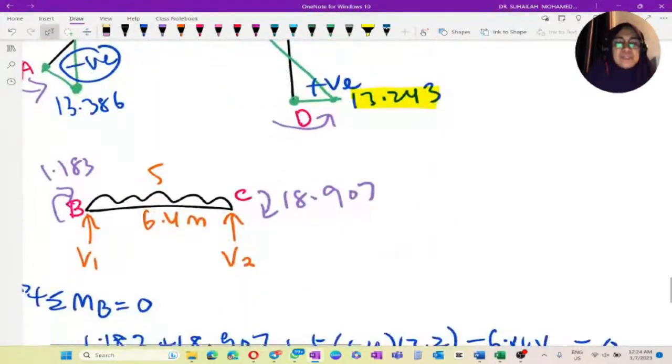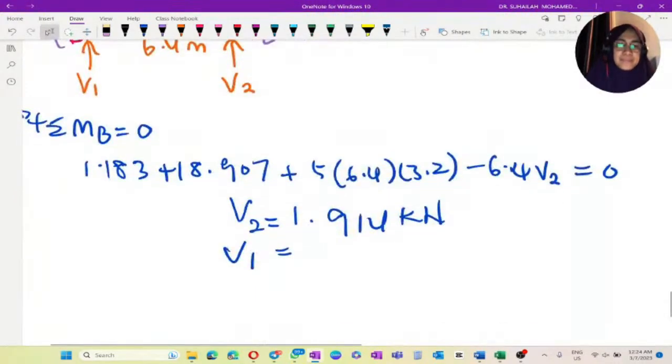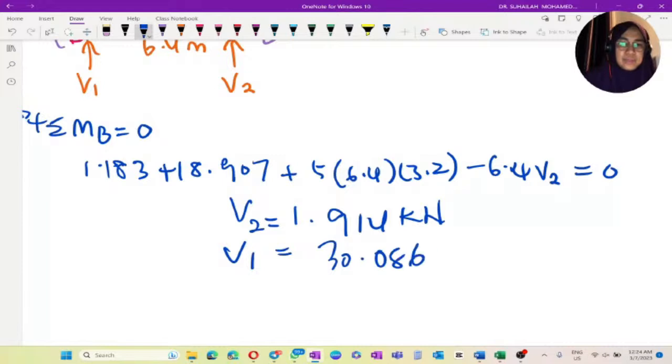So 5 times 6.4, we minus by 1.914, 30.86 kilonewton.